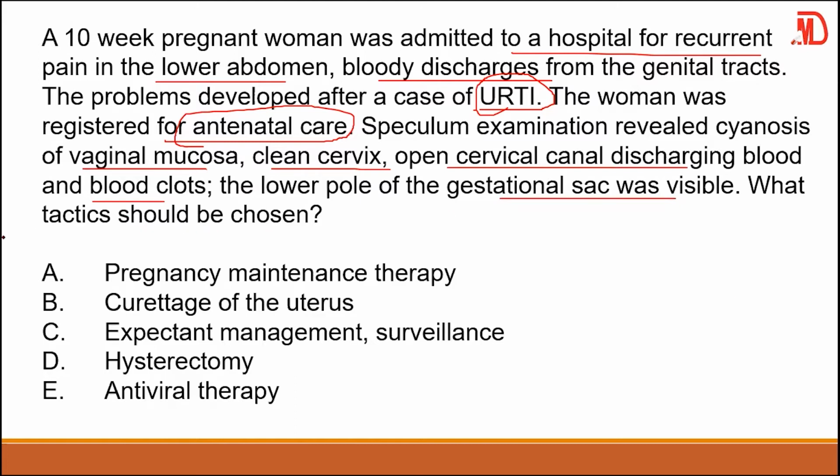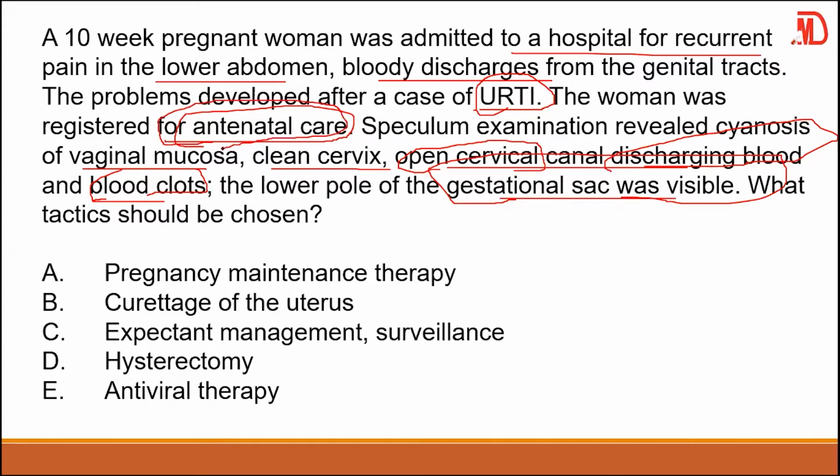First of all, what is your diagnosis in this? What is happening in this patient? It's already abortion. Open cervical canal, discharging blood and blood clots, gestational sac visible. And they said this person was registered for antenatal care.